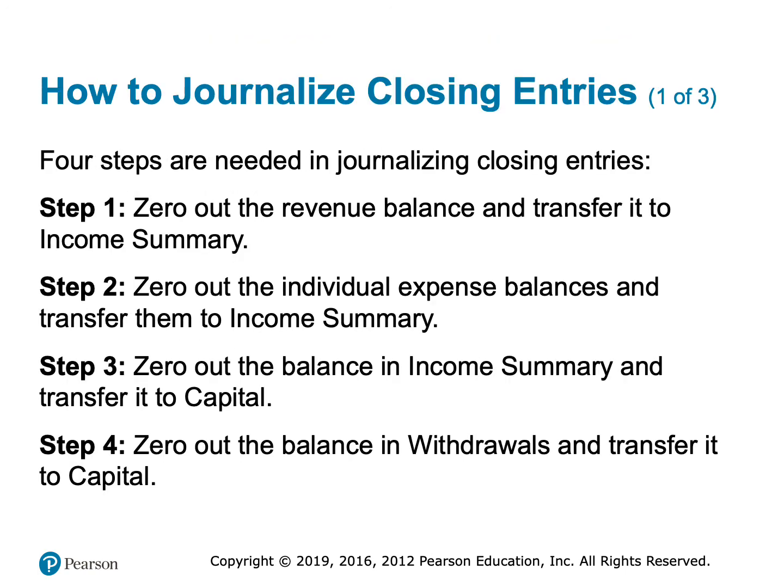So there's 4 steps to zero out our accounts. Number 1, we need to zero out the revenue balance. Now let's think about this for a minute. I'm going to write all revenue up here at the top. Now revenue has a normal credit balance.